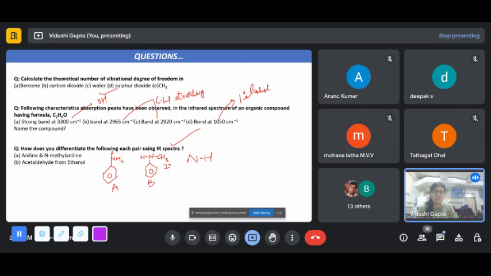So for aniline, it will be approx 3400, and for N-methyl aniline, it will be approx 3450.